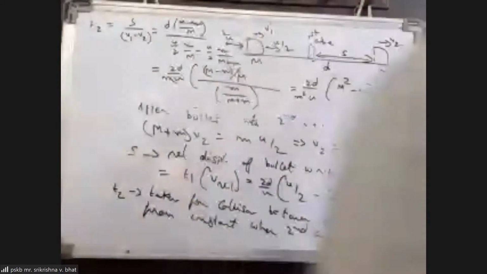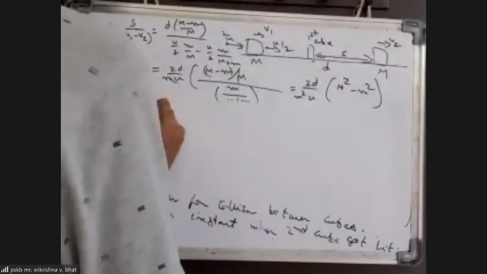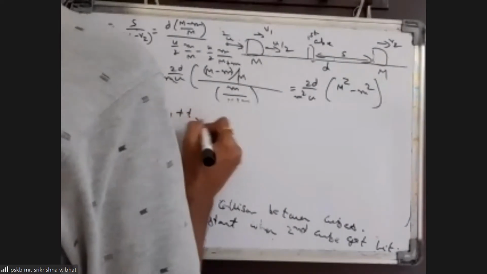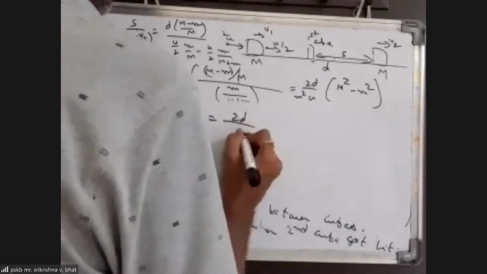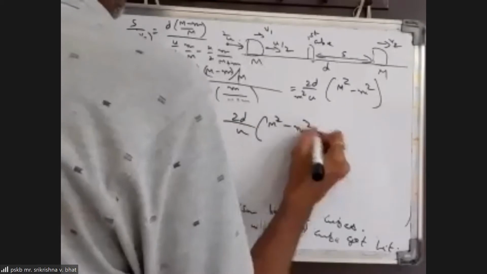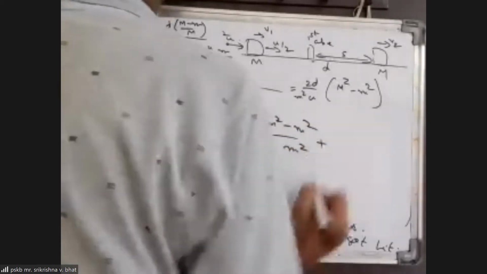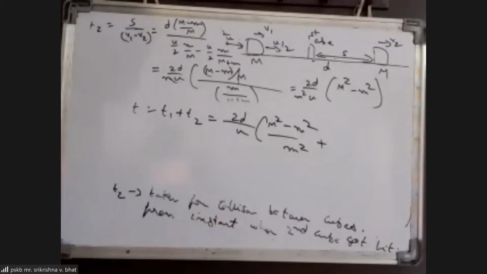So the time will be t1 plus t2, which is equal to 2d by u into M squared over M squared minus m squared, and plus the other time that we got, which was just 2d by u only, so plus 1.